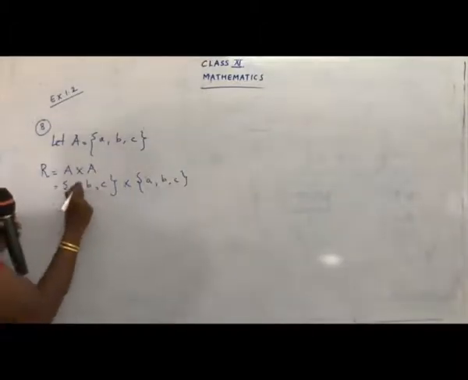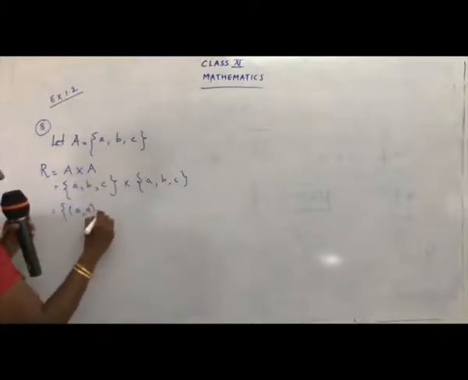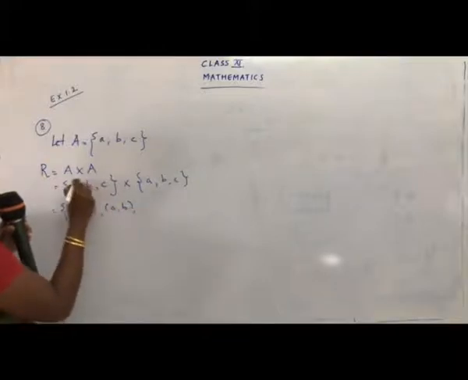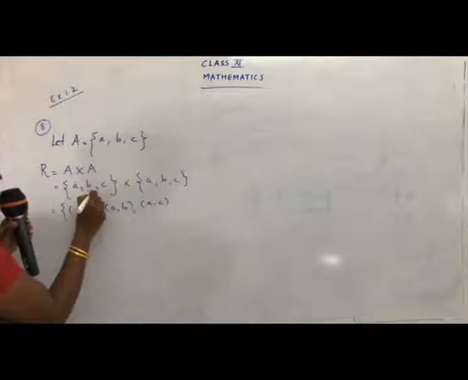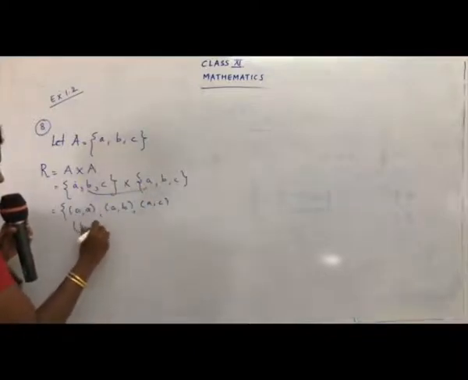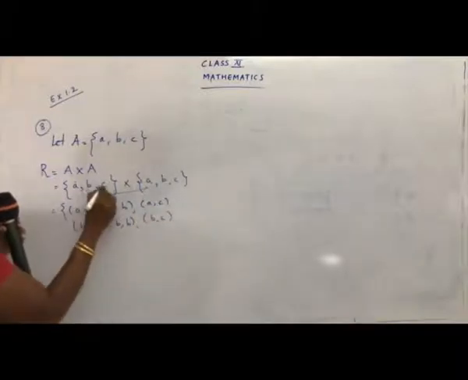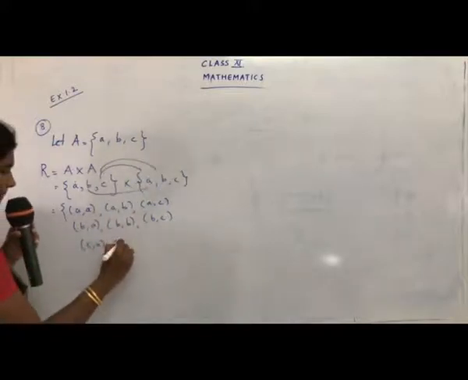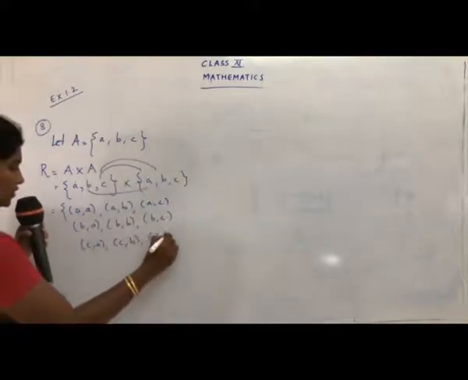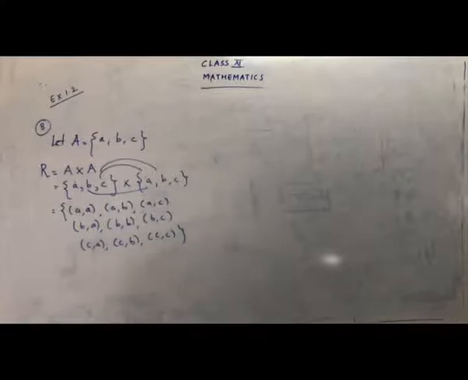Follow from A. So A, you get ordered pairs (A, A), (A, B), (A, C). Similarly, start from B: (B, A), (B, B), (B, C). Next one: (C, A), (C, B), (C, C). So we have defined a relation on A. That is, I have found A cross A.